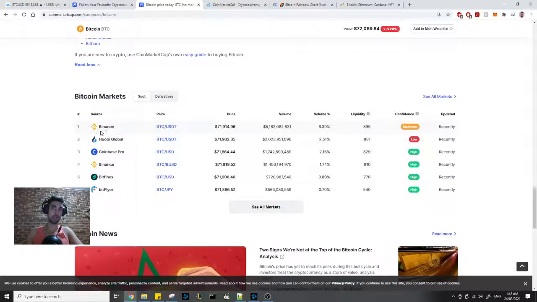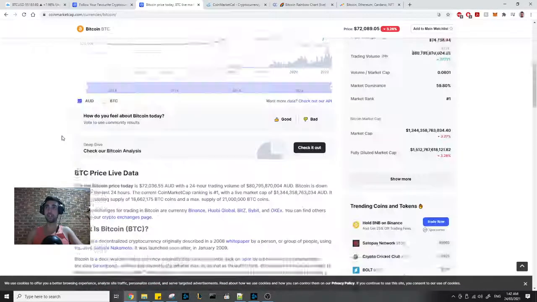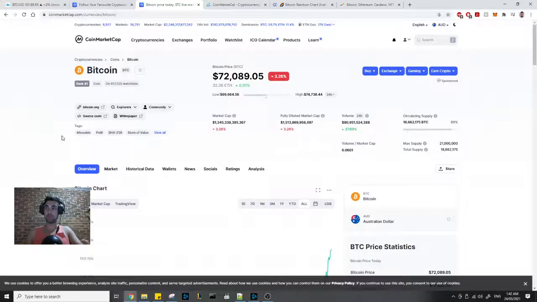But I guess Binance being one of the major exchanges, I would see it as a more solid and reliable source to purchase a commodity.